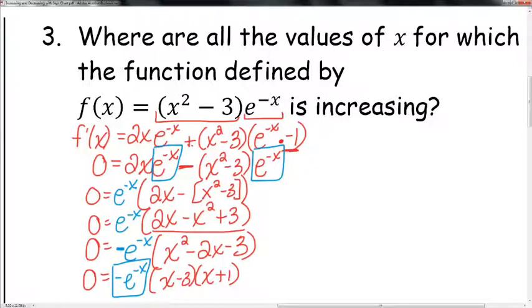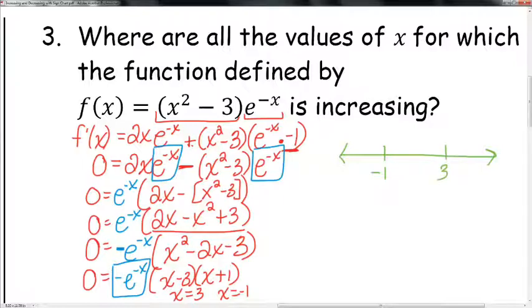And so that value is never 0, so we're not even going to worry about it. So we get x-intercepts at x is equal to 3 and x is equal to negative 1. And so when we create our number line, we're going to talk about negative 1, and we're going to talk about 3.